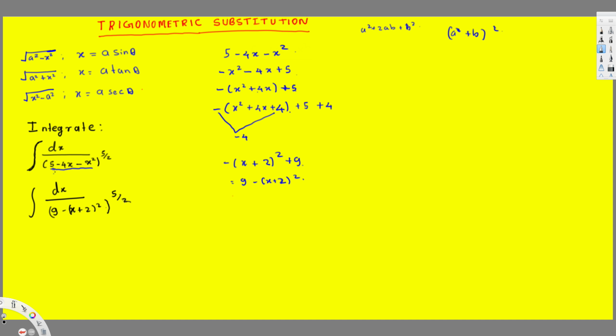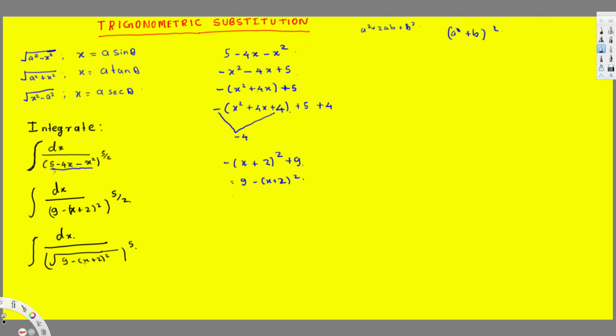And if you look at this, 1 over 2 means square root power 5. So I can rewrite this one as dx over square root of 9 minus x plus 2 square all together power 5, right?